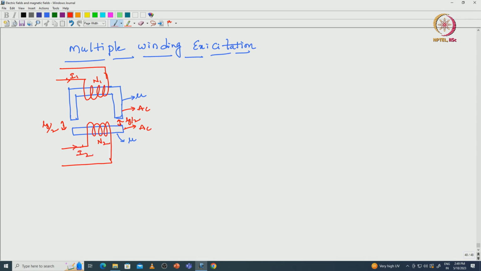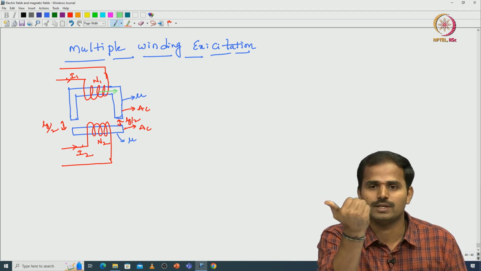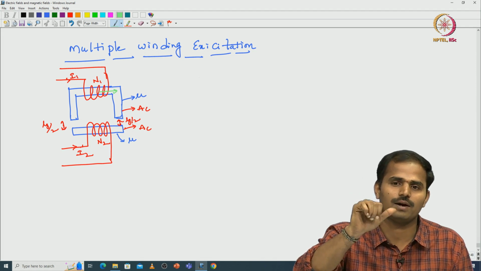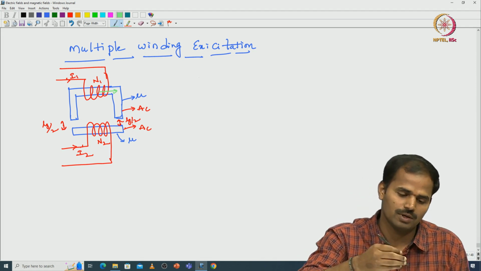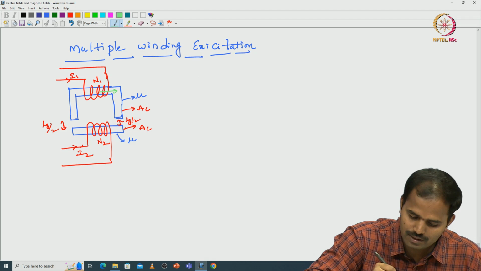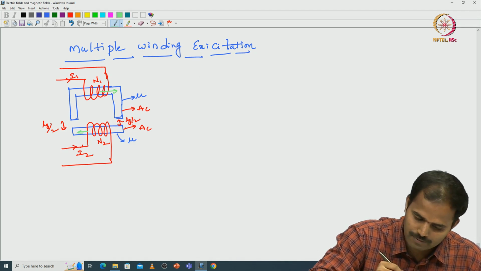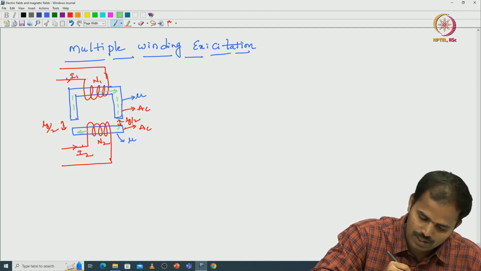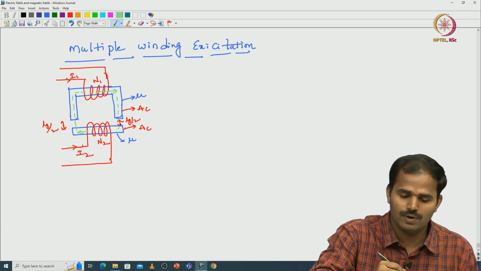As per Oersted's principle, we can find the flux directions or apply the thumb rule. With respect to the first coil we can see this side, with respect to the second coil this side. So both fluxes are in the same direction, that is clockwise, the green color one.